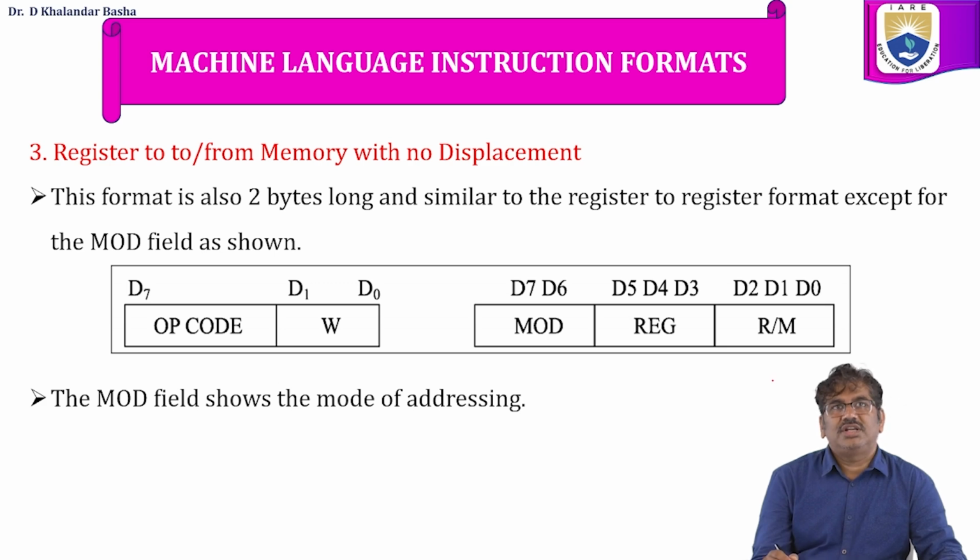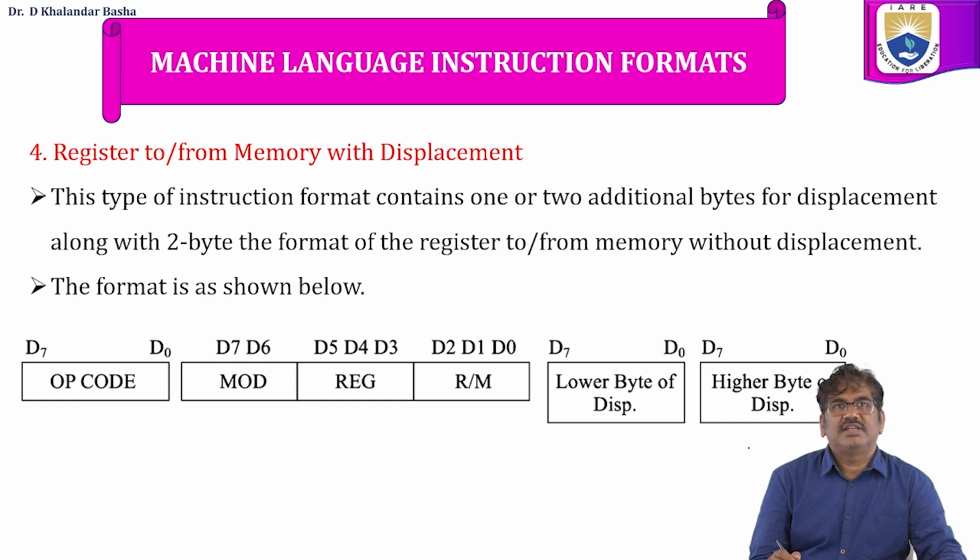Next, register to or from memory with no displacement. This format is also 2 bytes long and similar to the register format except for the MOD field, as shown in the figure. The MOD field shows the mode of addressing.